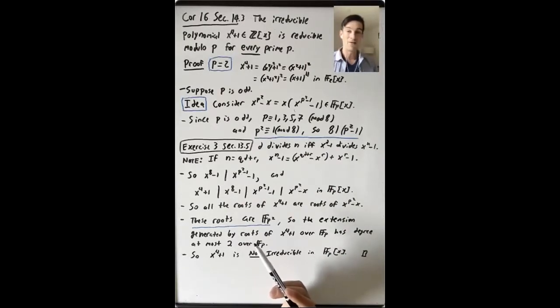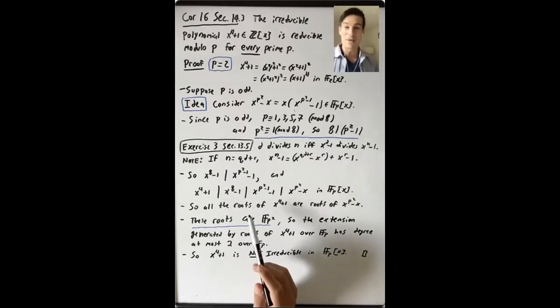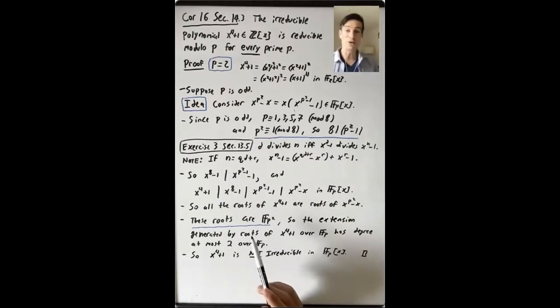If I never see anything irreducible, I'm never going to be able to deduce that my original polynomial was irreducible. So if I factor mod p and I get something reducible every single time, am I allowed to conclude that my original polynomial was reducible in Z[x]?